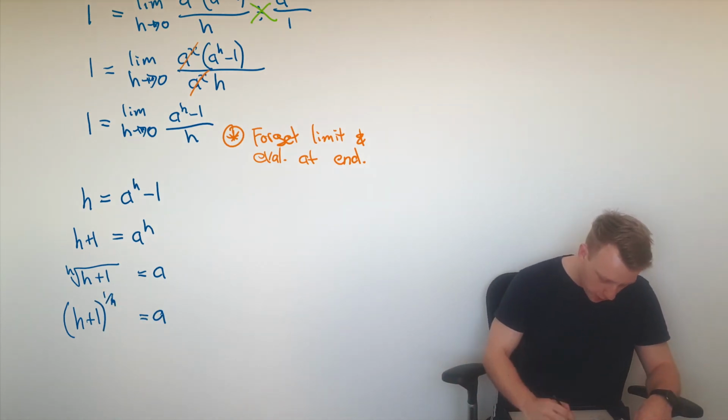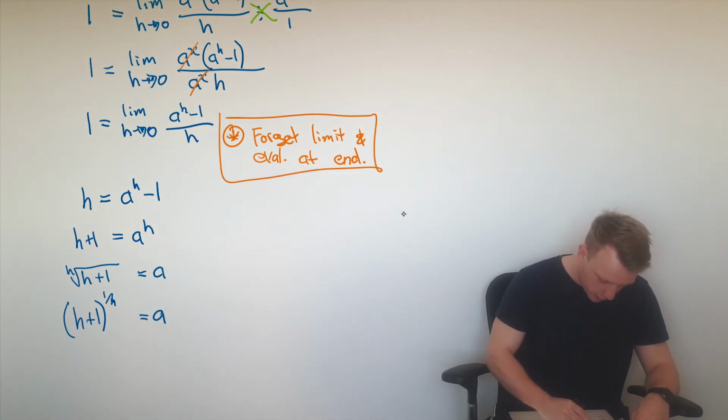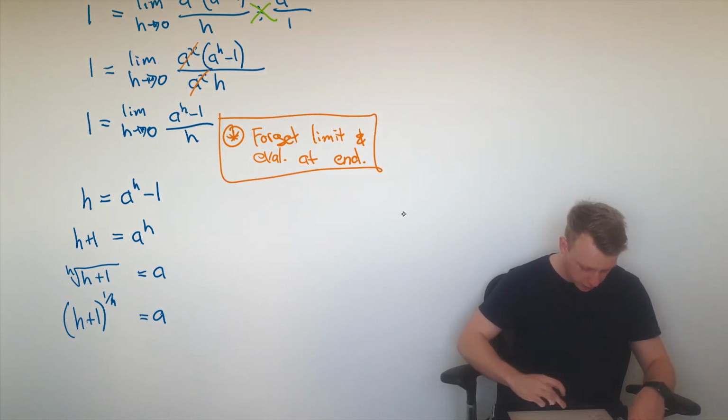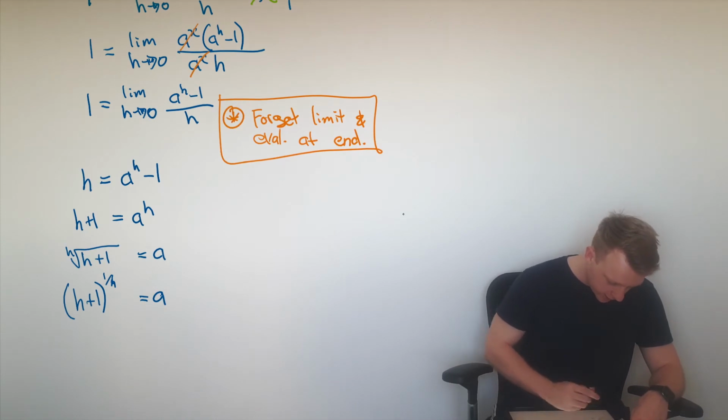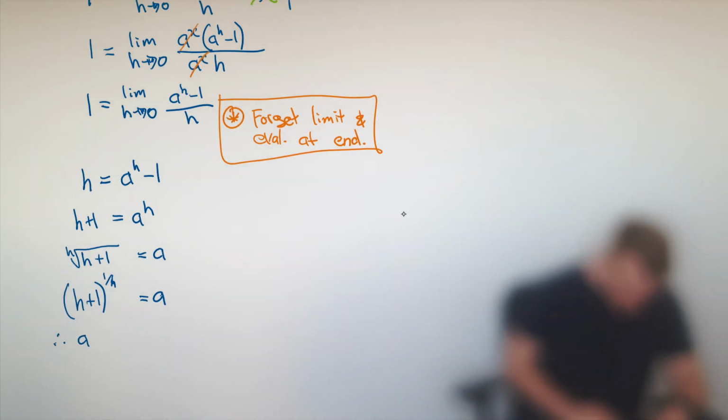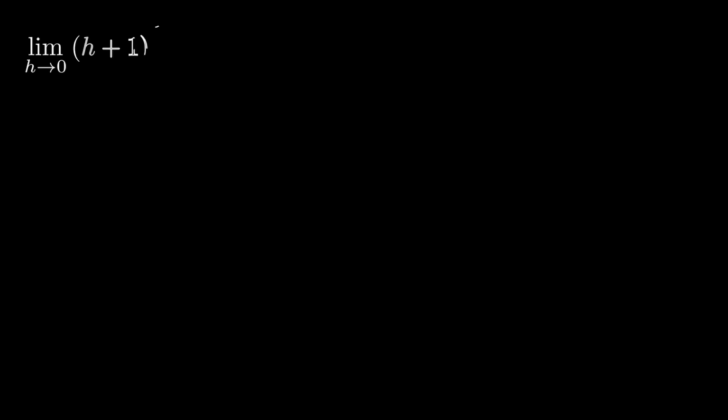Now remember though, I am evaluating this for the limit as h approaches 0, so I say, therefore, a is equal to the limit as h approaches 0 of h plus 1 to the power of 1 over h.